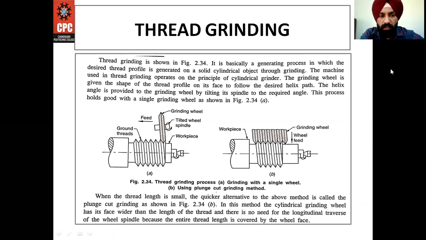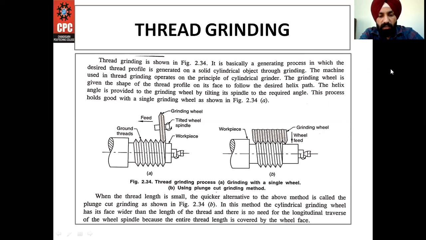The helix angle is provided to the grinding wheel by tilting its spindle to the required angle. This process holds good with a single grinding wheel as shown in the figure. When the thread length is small, a quicker alternative to the above method is plunge cut grinding, as shown in the figure.